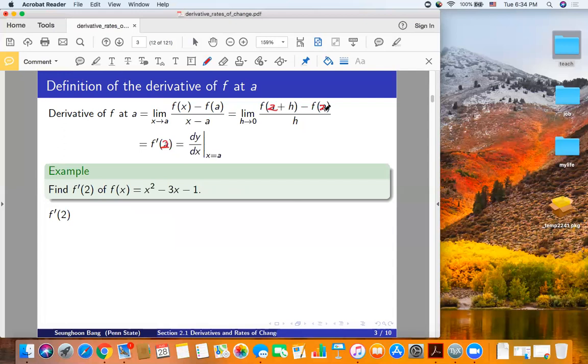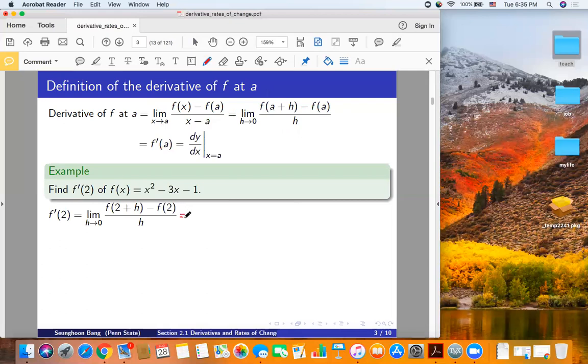It doesn't matter which one you use; depending on your choice, you can use the first one or the second one. We have the same answer. In this case, I'm going to use the second one.